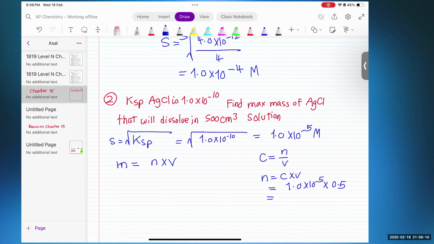10 to the power of minus 5 multiplied by 0.5, times half. 5 times 10 to the power of minus 6. And then if I want to find the mass, it is equal to the number of moles multiplied by the molar mass.